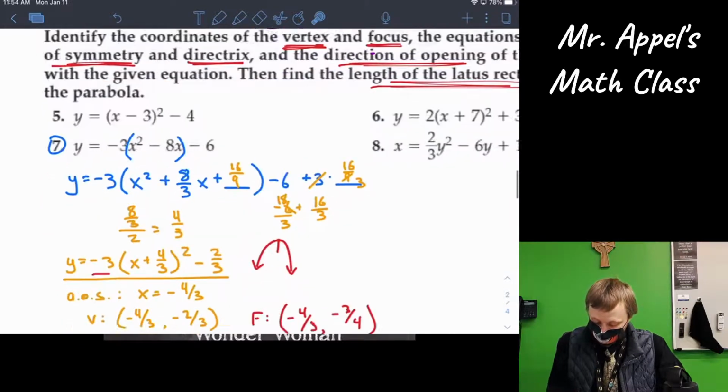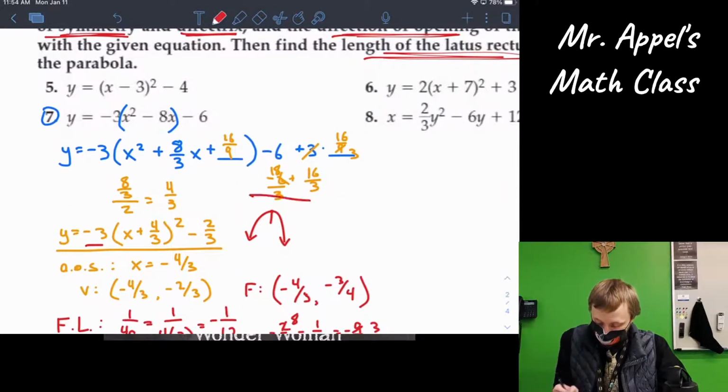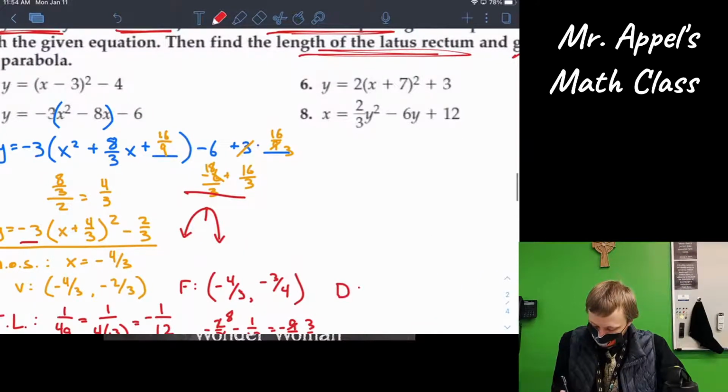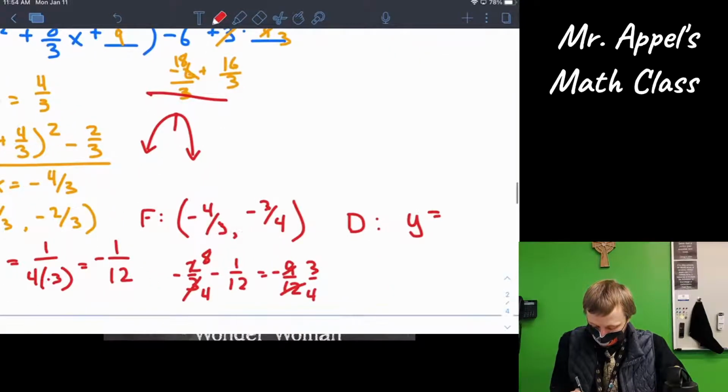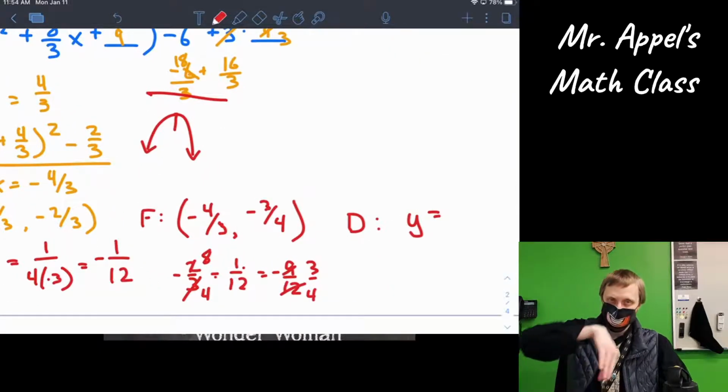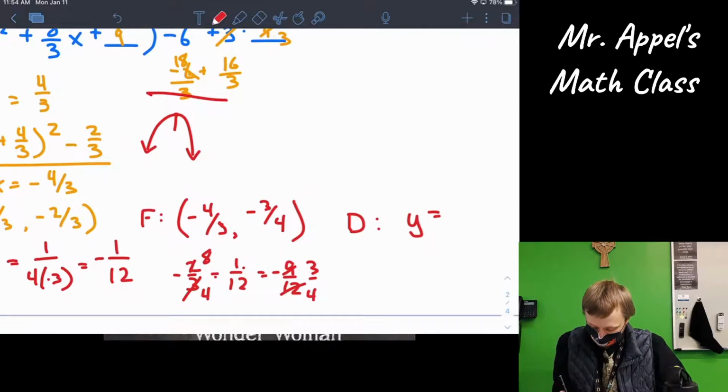We've got our directrix. It will then be a line over here. So the directrix would be, oops, not a point. It's an equation. Y equals, in this case, instead of minus 1/12, we have to add 1/12. I said times 4, should be 12.